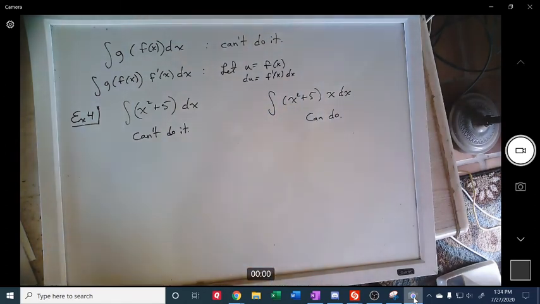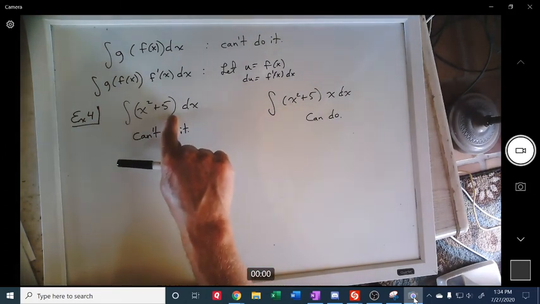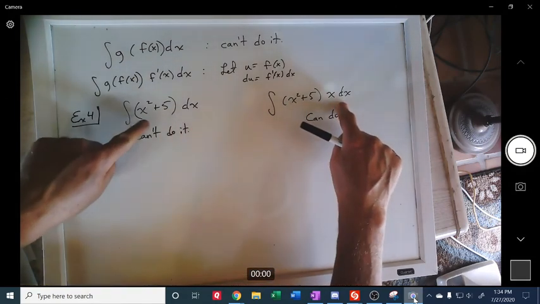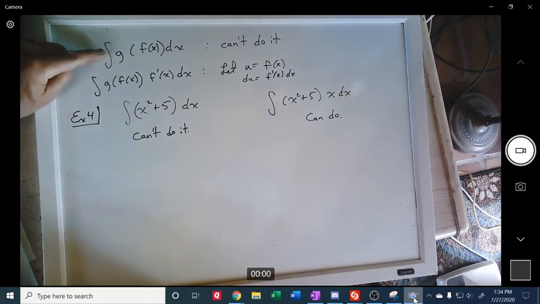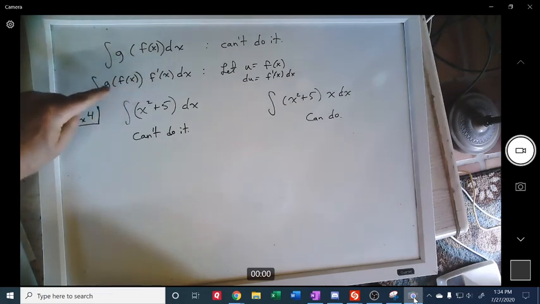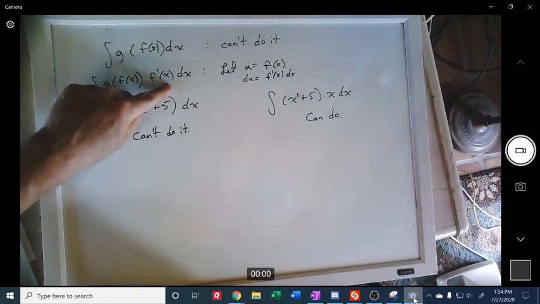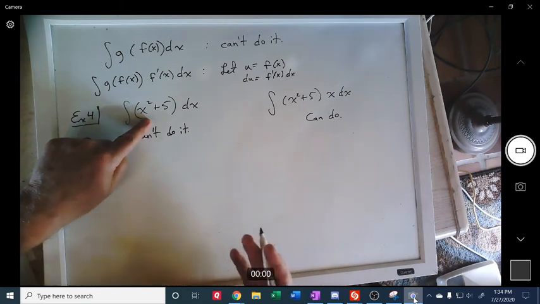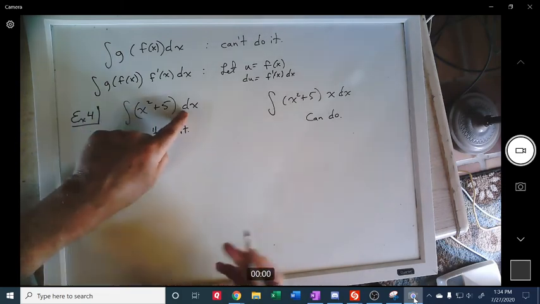How come I can't do this one, but I could do this one? Well, we compare it up here. I need an f and an f prime in here. And if the f is x squared plus 5, there's no f prime which would involve an x. So I just can't do this one.